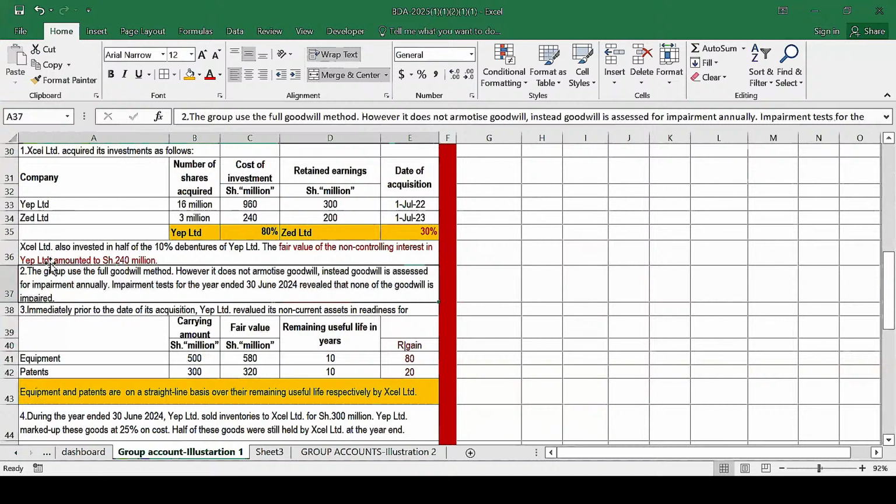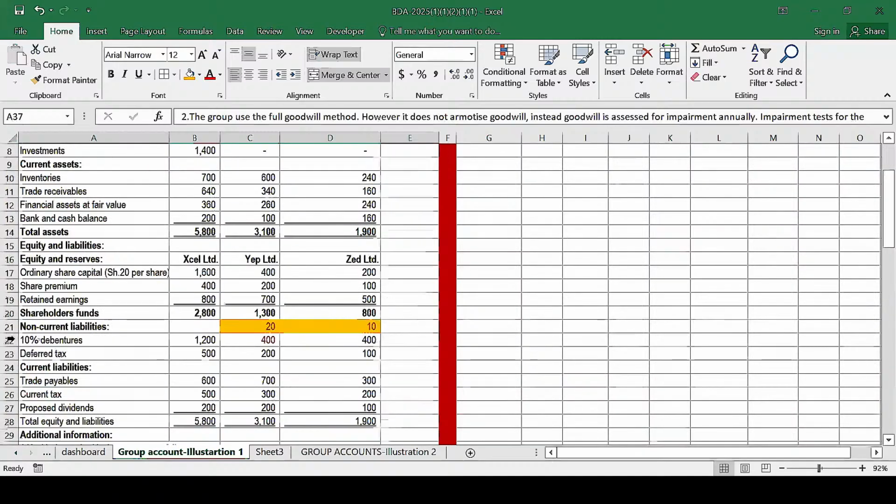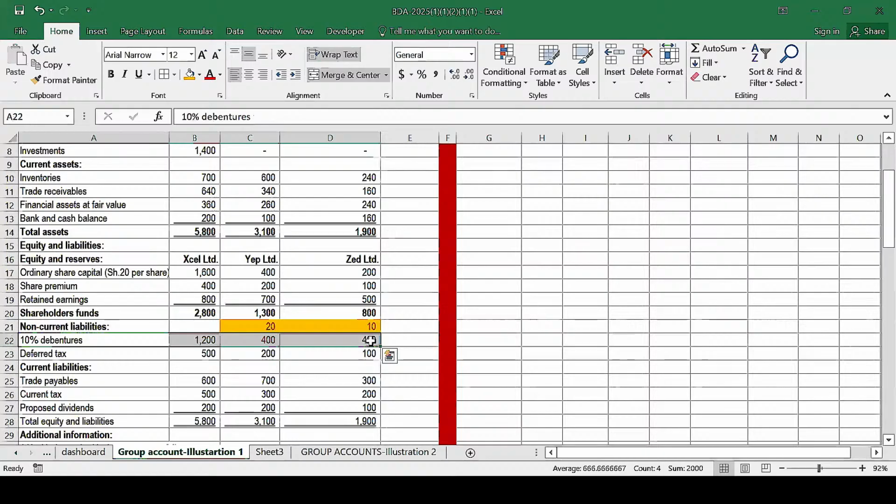Also, we are told, other than our parent company having invested in shares of YEP, the parent company also invested in debentures. And therefore, these particular debentures here, where do we have the debentures? We have the debentures here. So these debentures which have been issued by this company here, that is YEP, half of them, that is basically 200,000, they are held by the parent company.